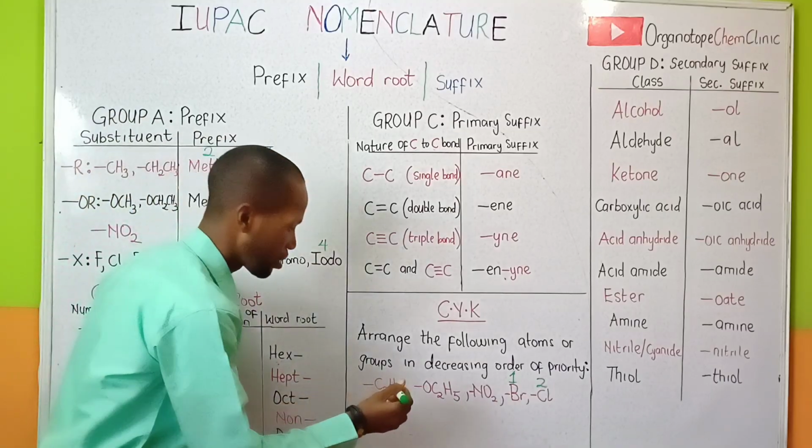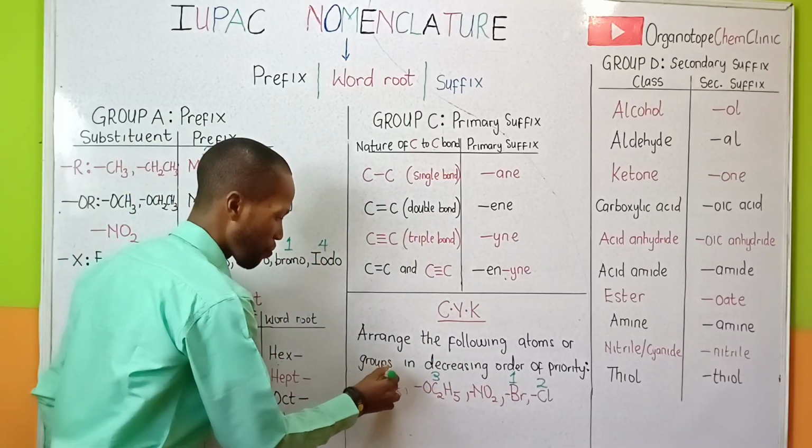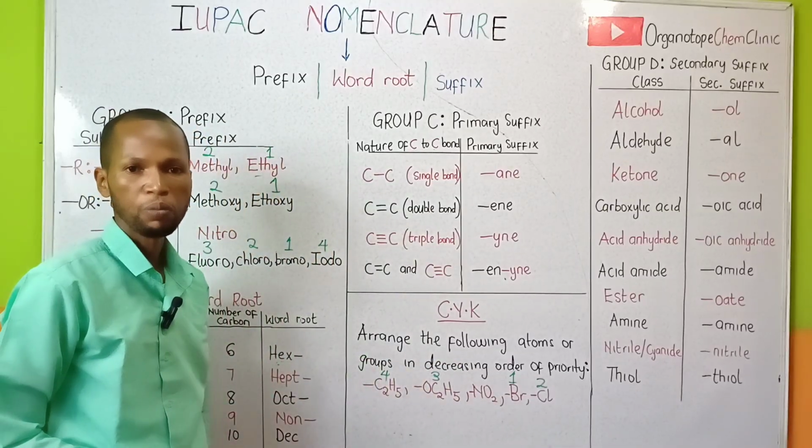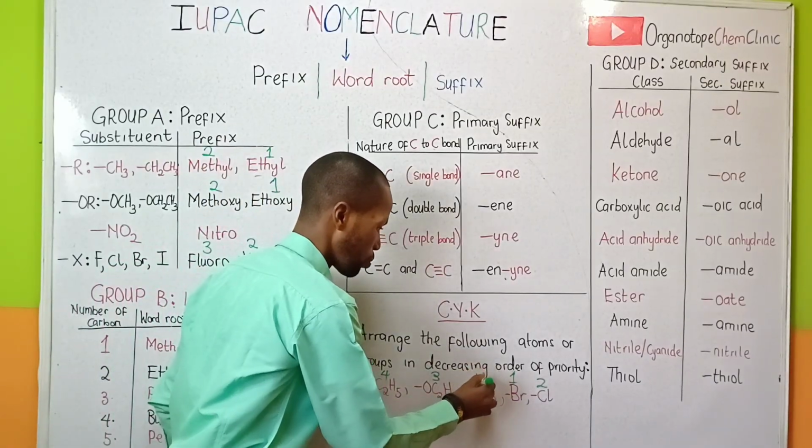So I'm going to assign number 3 to ethoxy and number 4 to what? The ethyl group. So the last one is the nitro group.